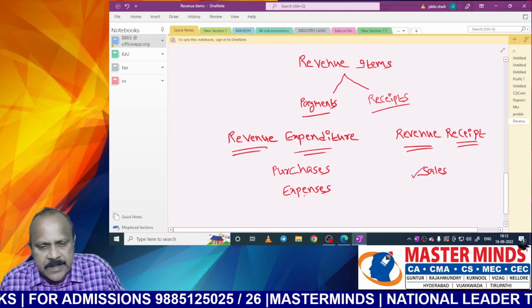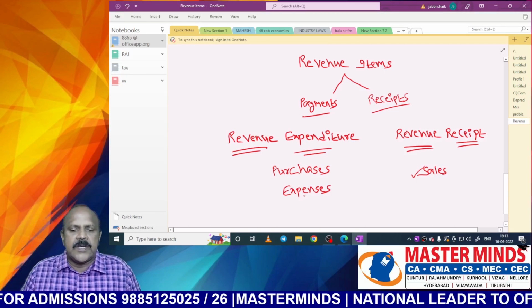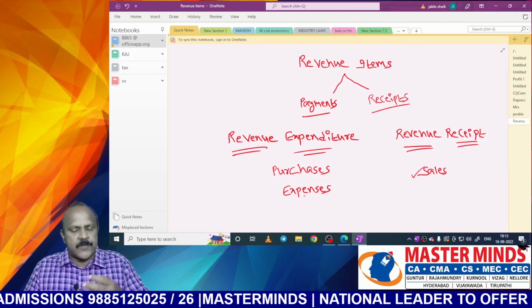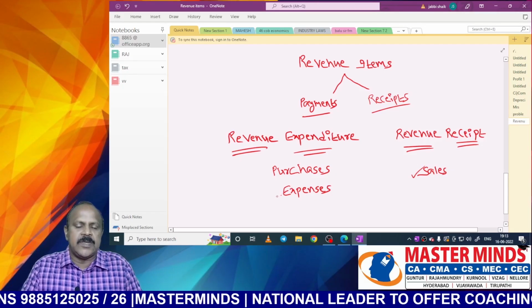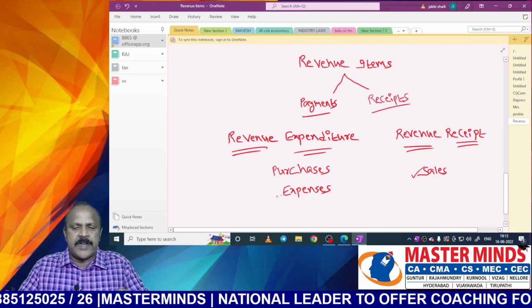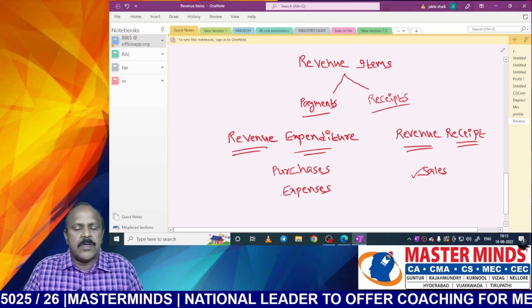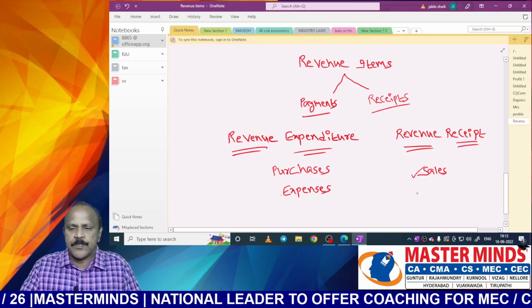All expenses are revenue items. Students, we know in case of an expense we pay, so it is of payment nature. Expenses are of payment nature, so they are called revenue expenditure.